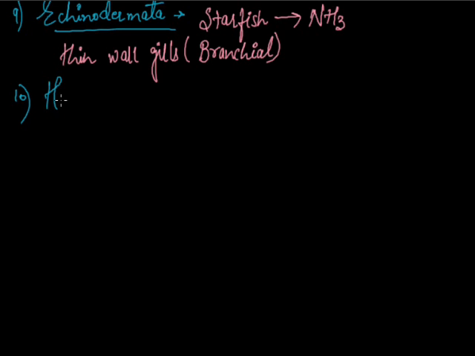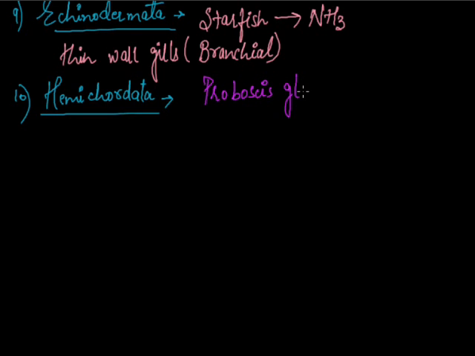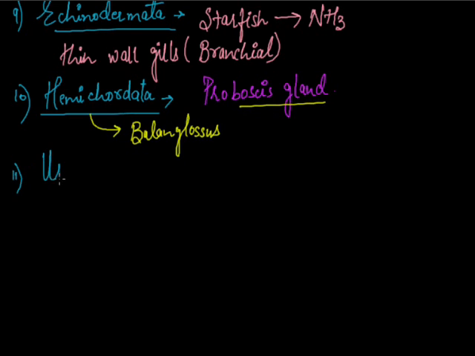Next is hemichordata, which are present between the chordates and non-chordates. They have a proboscis gland for their excretion. The example of hemichordate is Balanoglossus. Next class is Urochordata. Here the excretory organ is the neural gland.